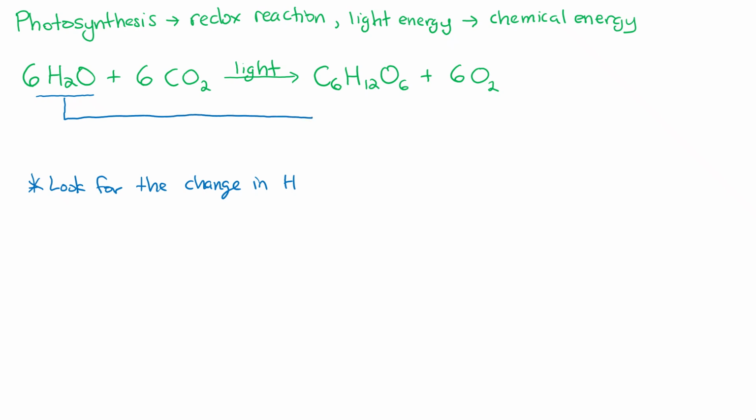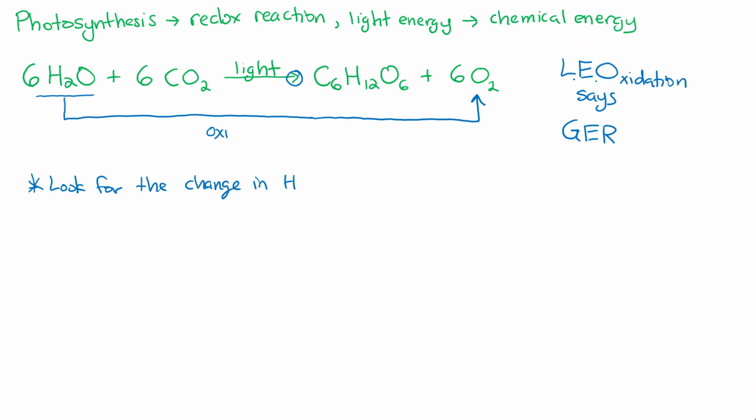Once I go over this arrow, I'm going to look for a molecule that doesn't have H, which looks to be oxygen. So LEO says GER guides me here. Losing electrons is oxidation. So I know my water is being oxidized.